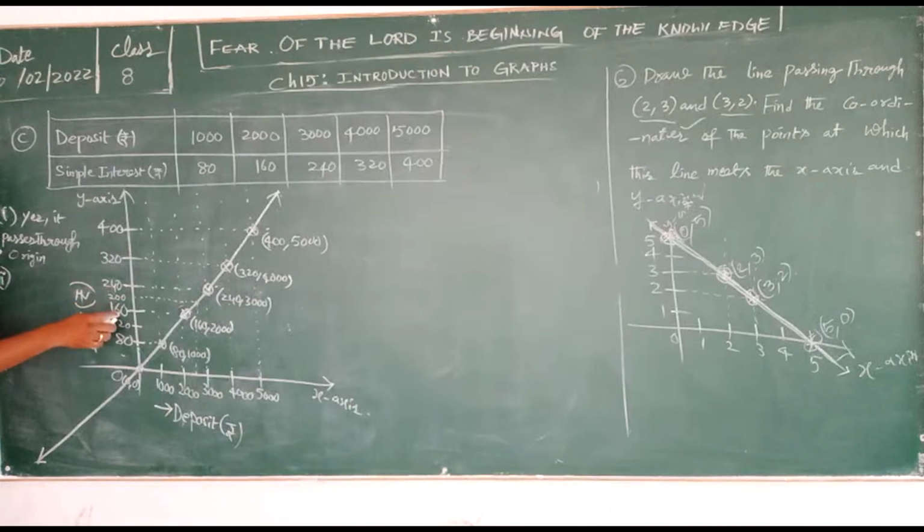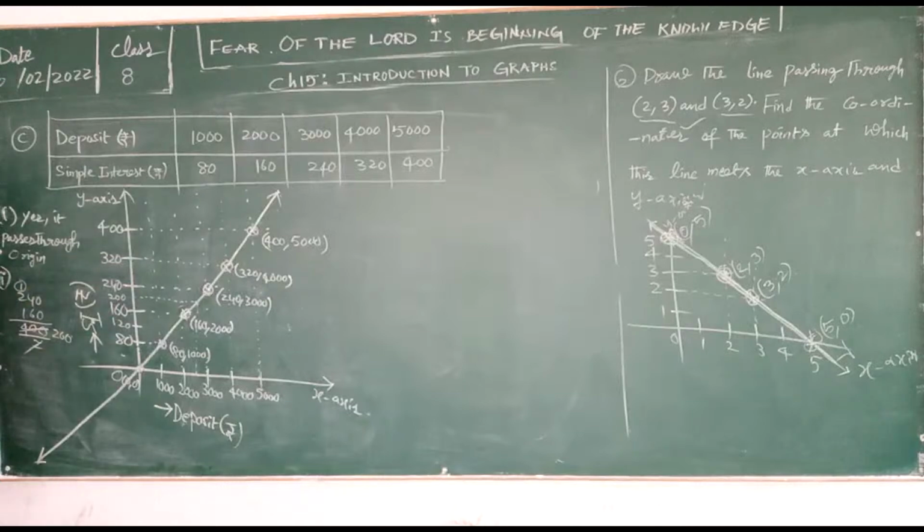Add both, divide by 2. 240 plus 160, add both, you get 400, divide by 2. You get 200. So for the midpoint, add these both and divide by 2.